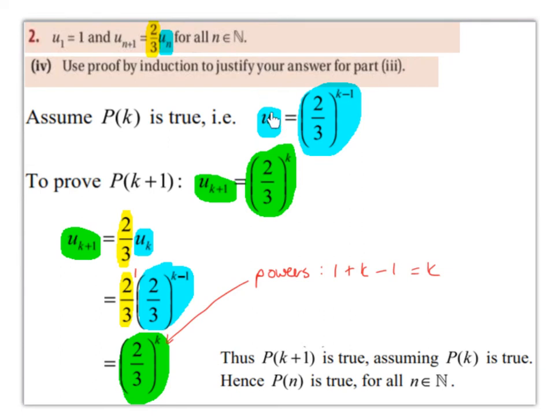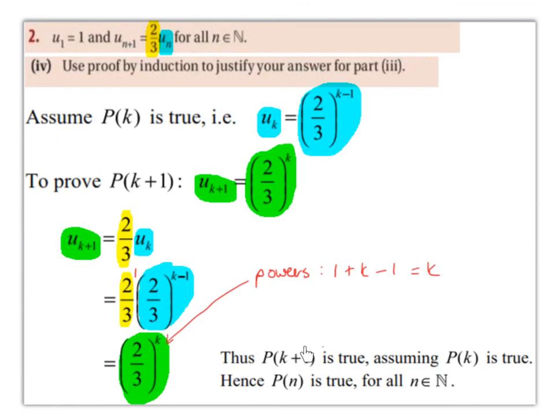So that's our assumption. And 2/3 can be rewritten as 2/3 to the power of 1. And we're multiplying powers with the same base, so we add the powers. So we're going to have 1 plus k minus 1. So 1 plus k minus 1 is k. So we get 2/3 to the power of k. So u(k+1) is equal to 2/3 to the power of k, which is what we were asked to prove.